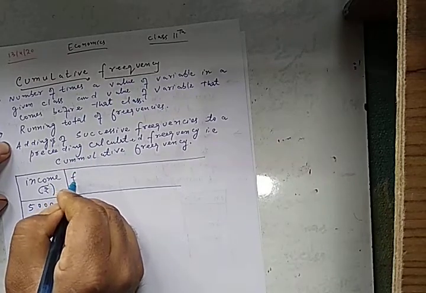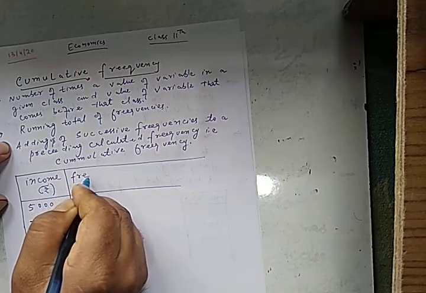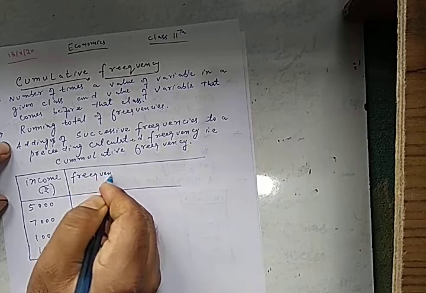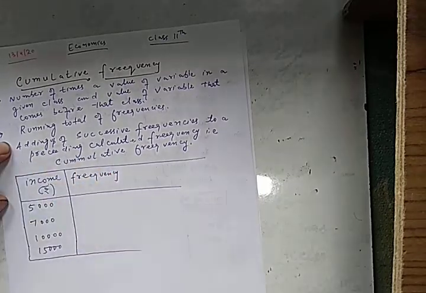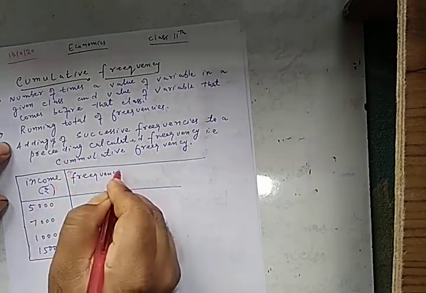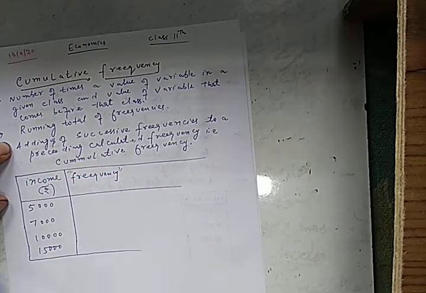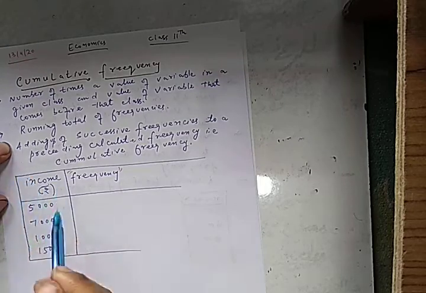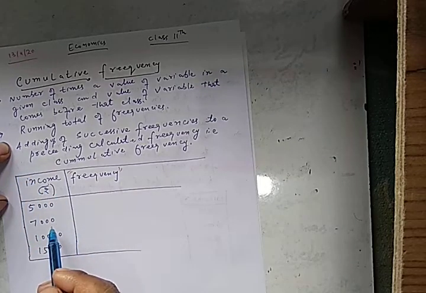And in the next column, we can show the frequency. What this frequency shows is the number of times a value of this particular variable repeats, or we can say exists or occurs, how many times it appears in the given series.